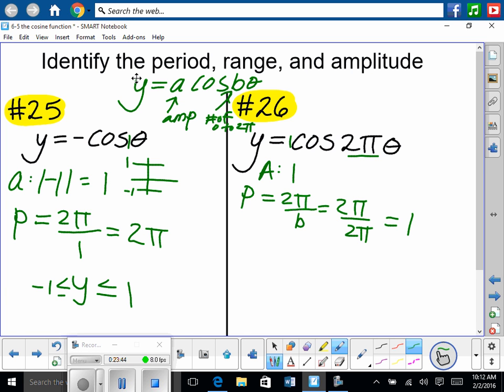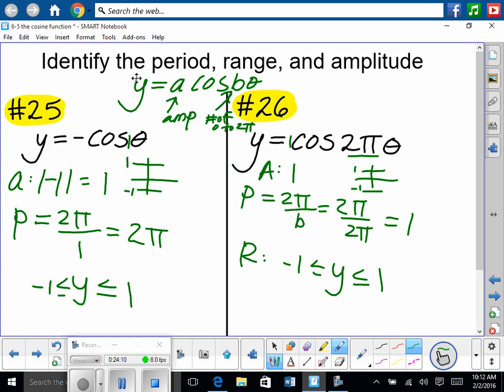So we're talking not pi radians if we were to graph this, but just radians. But we're not graphing. And then my range. Once again, my amplitude is 1, so my y values, that's what range is, are greater than or equal to -1, but less than or equal to 1.